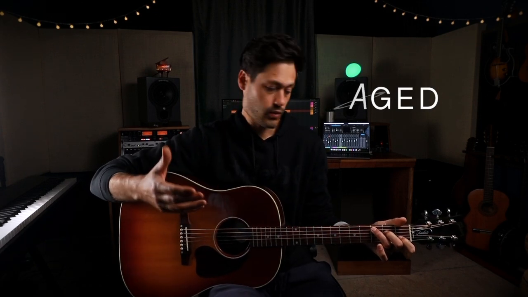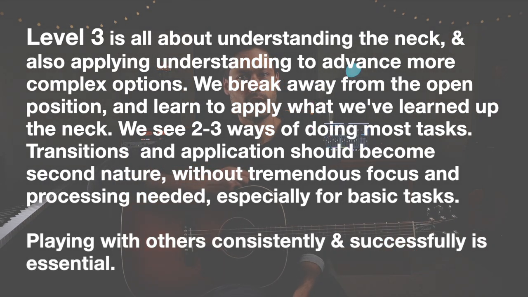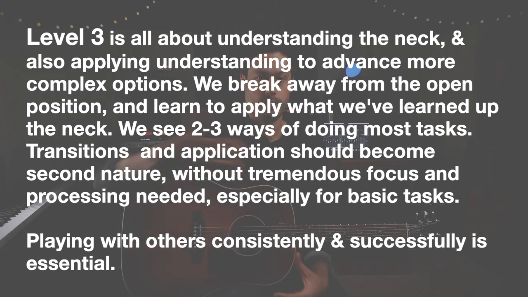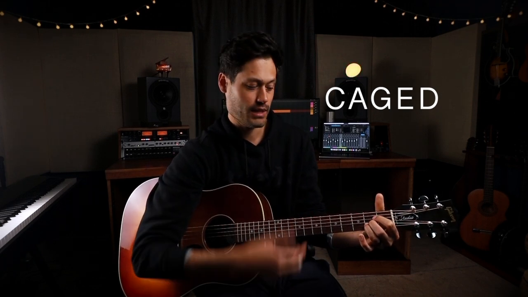This theory, by the way, should be understood by people that have been playing for probably at least 5 years, playing consistently, and at least an upper teenager or older will really start to understand this stuff. So CAGED, C-A-G-E-D, it means we have 5 shapes that our hand makes, like a C major chord, an A major shape.